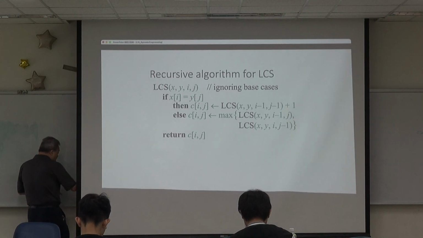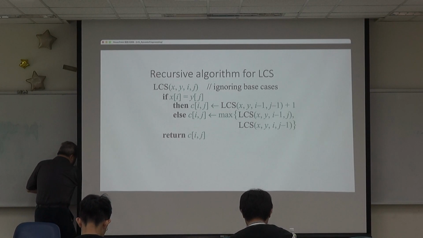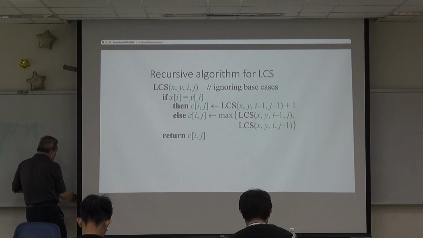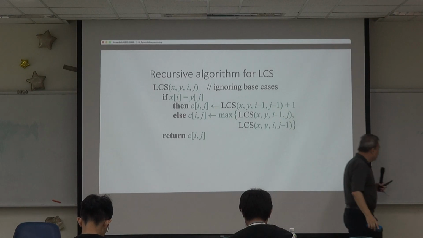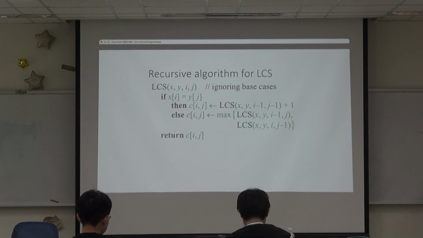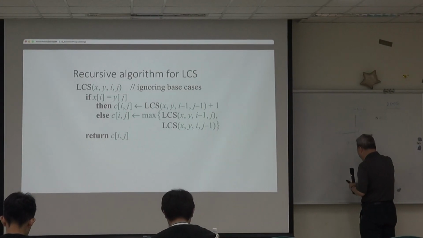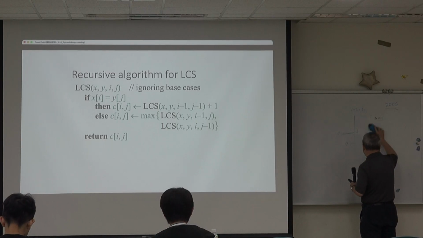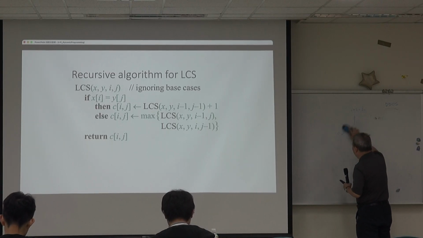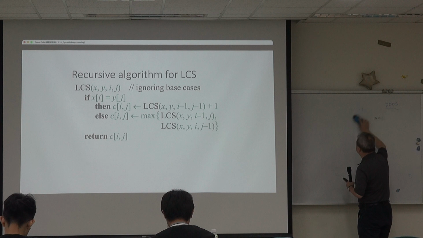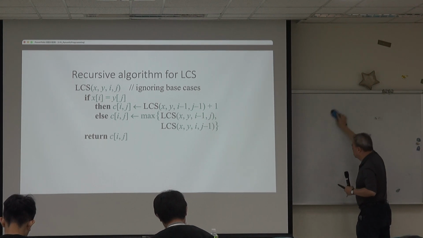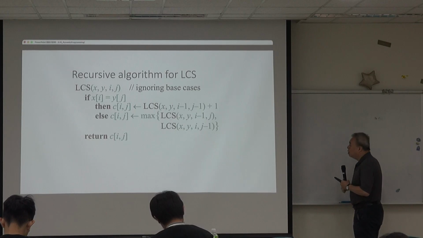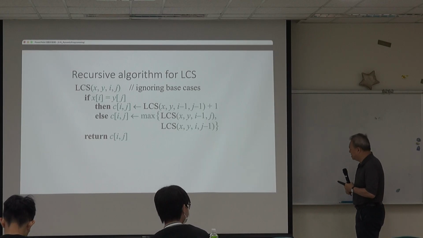And then we keep running these recursive calls with a smaller i and j value. Eventually, think about that, what would be the base case?